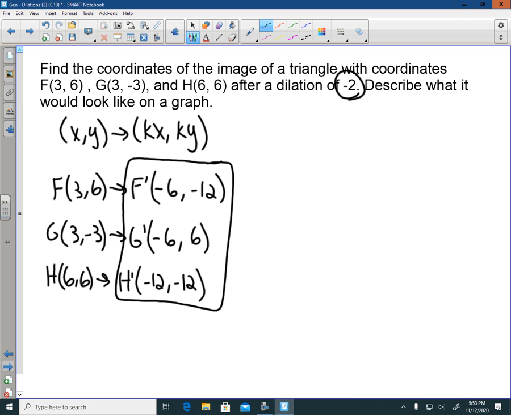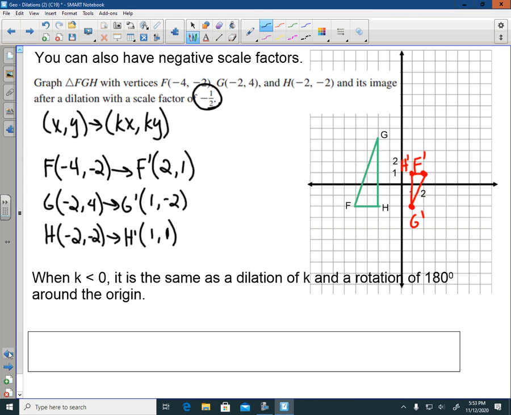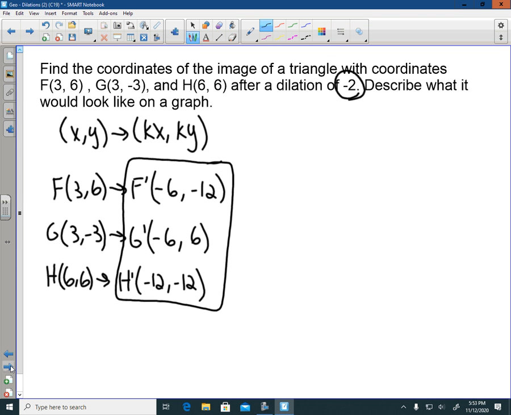Well, as we know from the previous slide, when the scale factor is less than 0, it's the same as a dilation of that scale factor plus a rotation of 180. And so a dilation of -2, what would it look like in a graph?